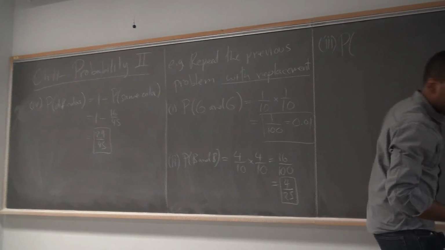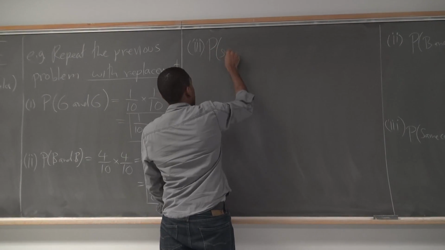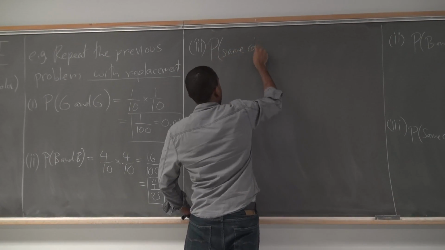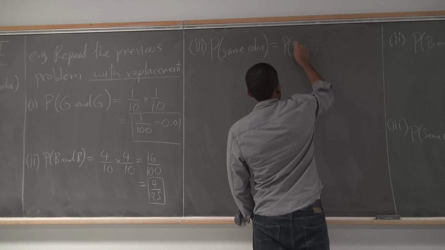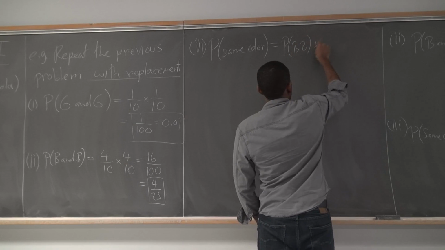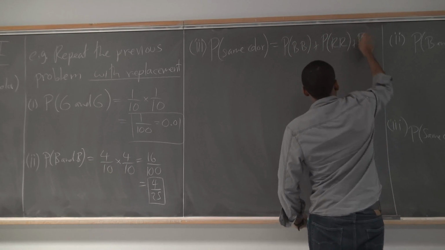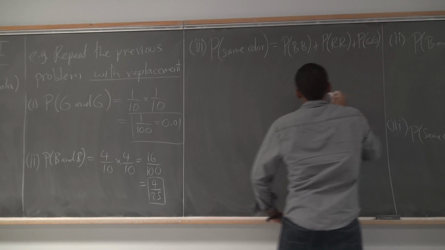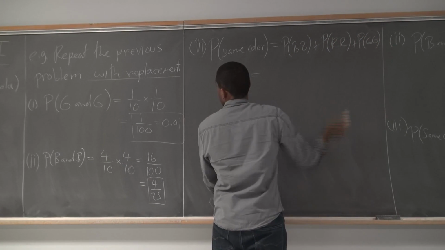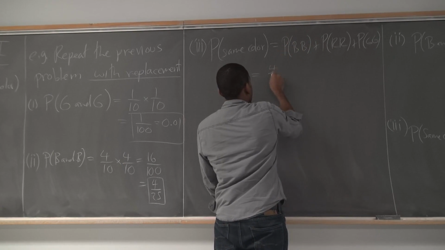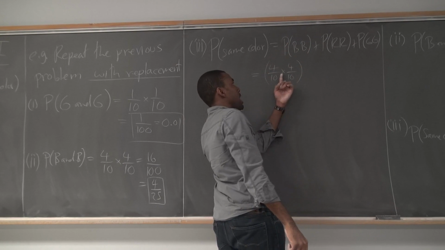I think this was probably the same color. And this is the probability of blue and blue, or red and red, or green and green. Probability of blue and blue. Right, 4 out of 10, 4 out of 10.